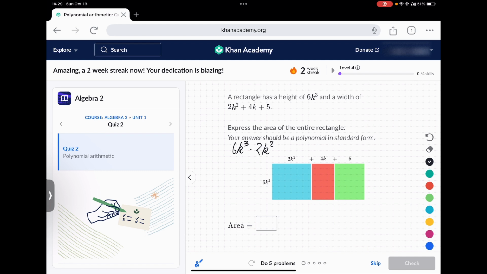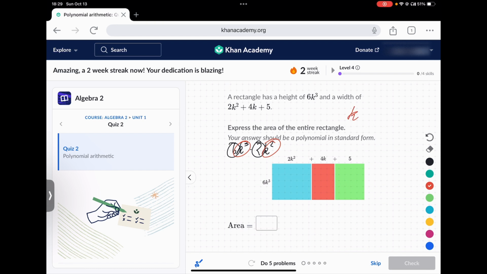In this case, what you do is just multiply only the coefficients, and you multiply the unknown quantity. But if the unknown quantity has a different exponent, what you do is just add the exponents.